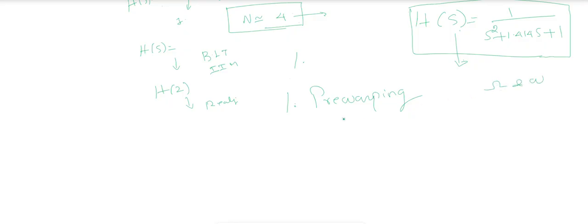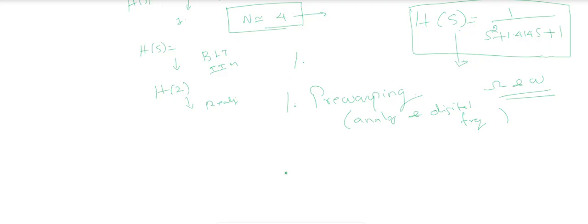So first we have to do pre-warping, which means converting the analog frequency into digital frequency using the bilinear transformation method or the impulse method.